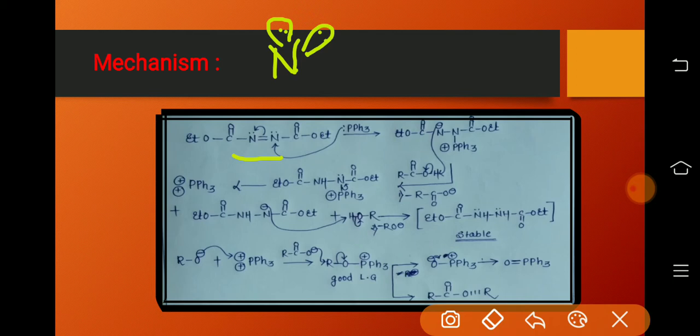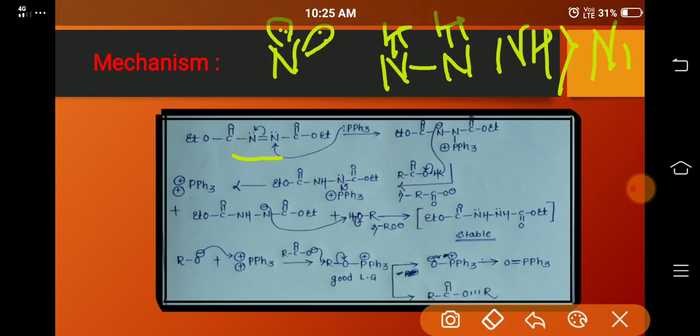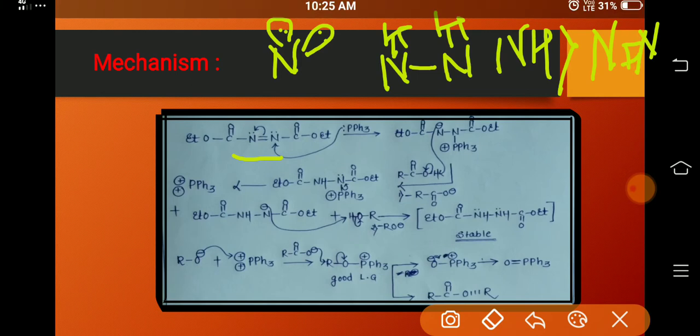Therefore, it wants to stabilize itself by converting into diethyl hydrazine dicarboxylate, that is, converting this pi bond into an NH bond. NH is a strong bond, much more stable than N double bond N carrying a lone pair of electrons.